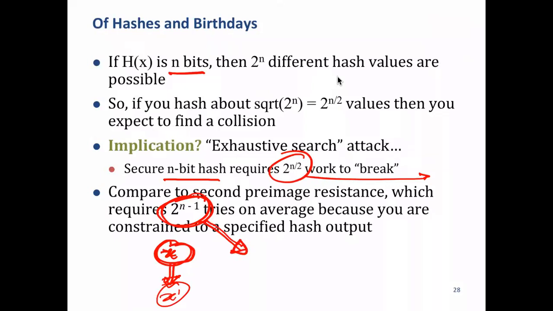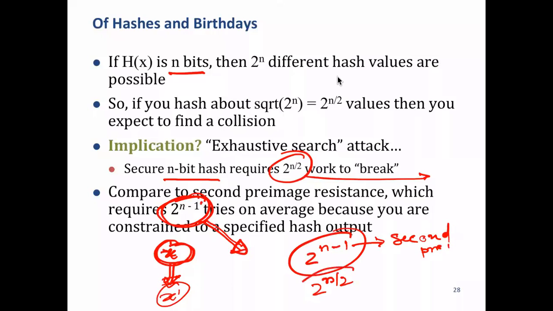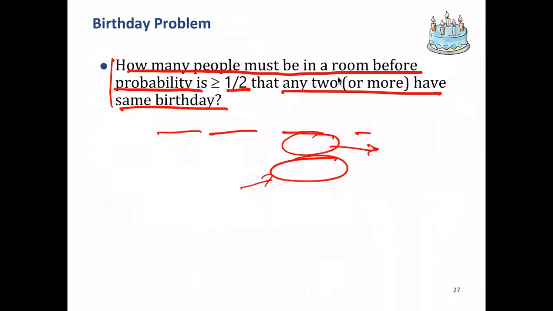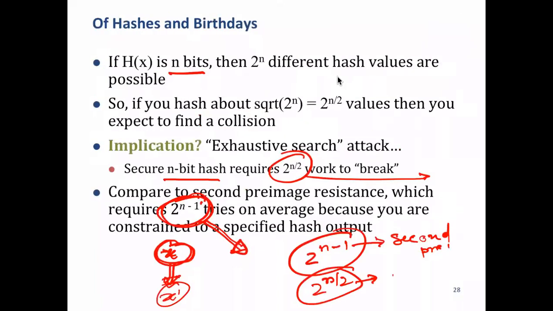So the work here is 2 raised to the power n minus 1 in the case of second pre-image, while the work is 2 raised to the power n by 2 to break it in the case of the third one, which is collision resistance. Okay, all right.